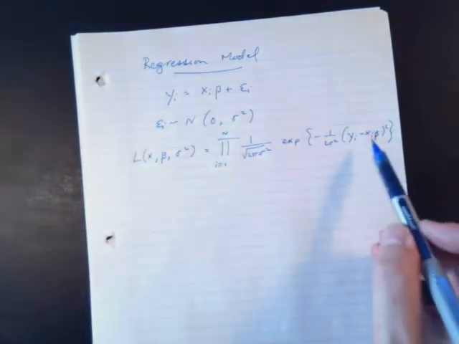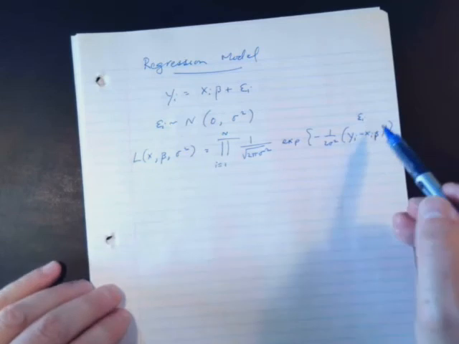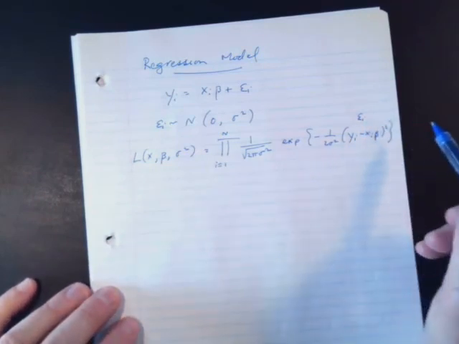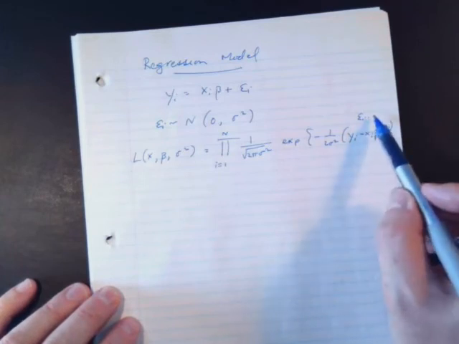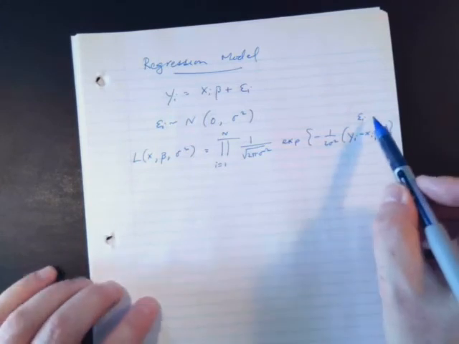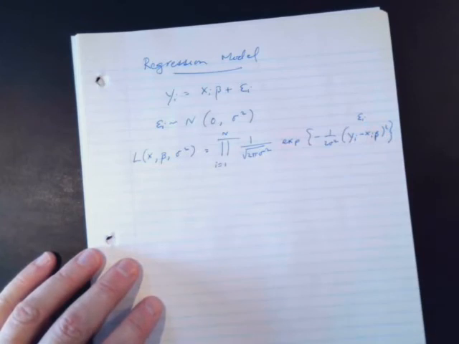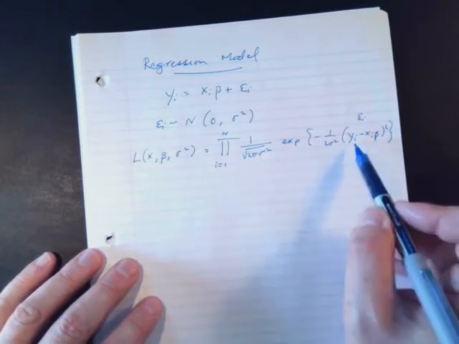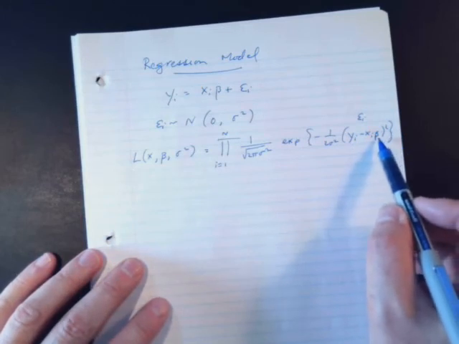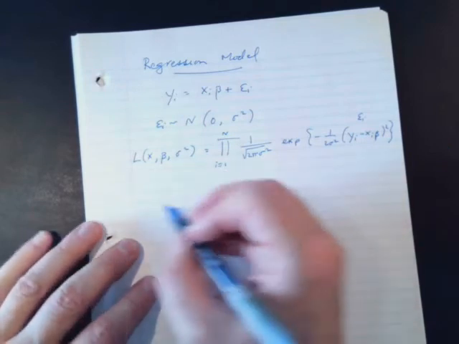That's epsilon. I don't need to subtract the mean of epsilon because the expected value of epsilon is 0. So we just have y minus xi beta squared. This is a function, and we're going to pick the value of beta that maximizes it.